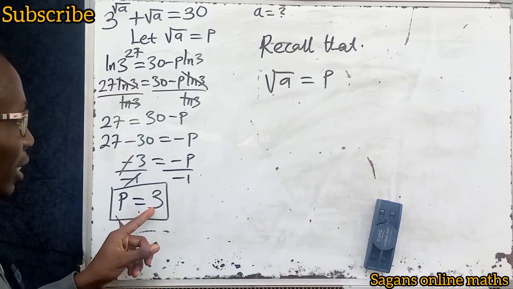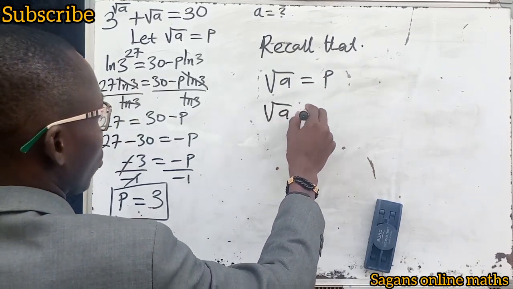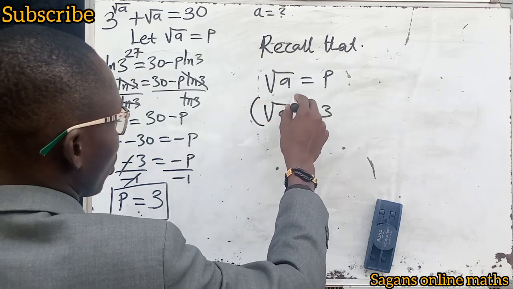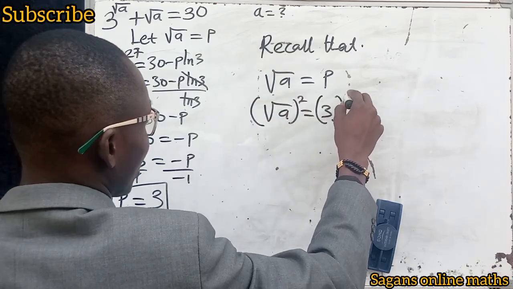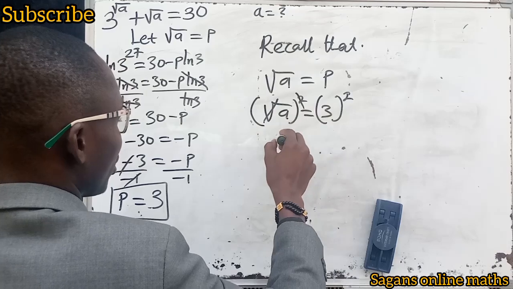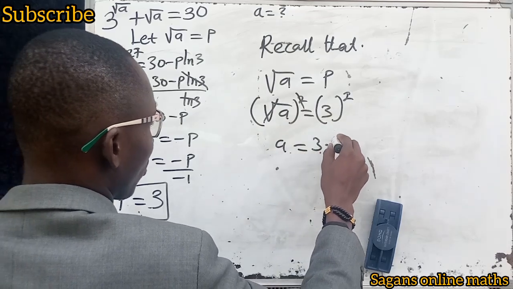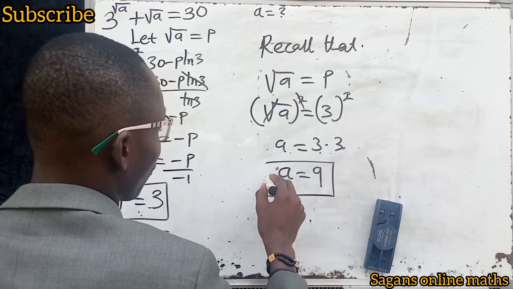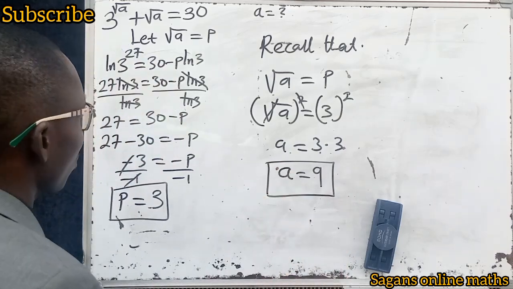But p is 3. That means root a is equal to 3. Let's take the square of both sides, so this will cancel out this. That means a is equal to 3 multiplied by 3. That means a is equal to 9. And this is the value of a to this particular problem.